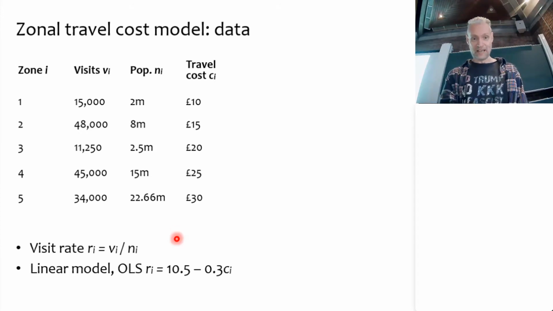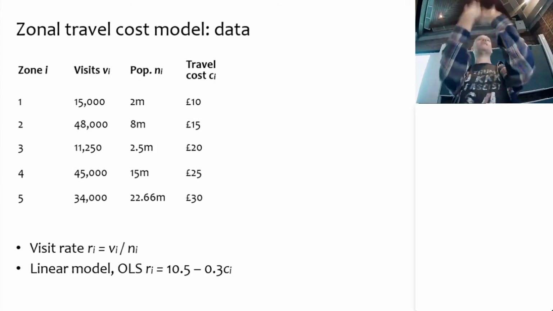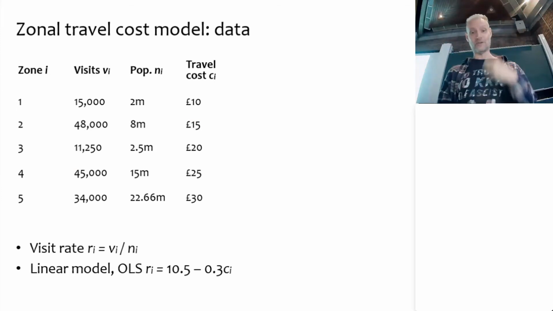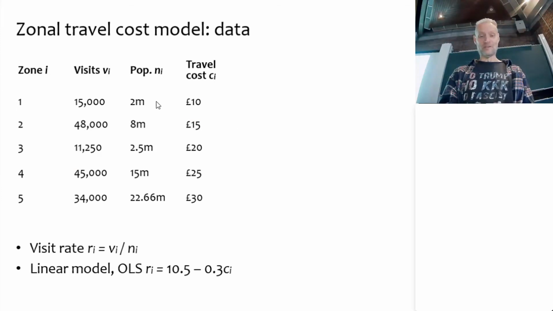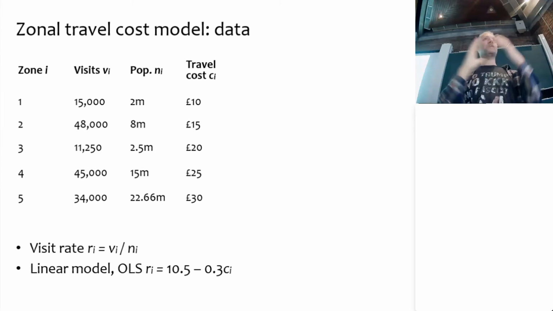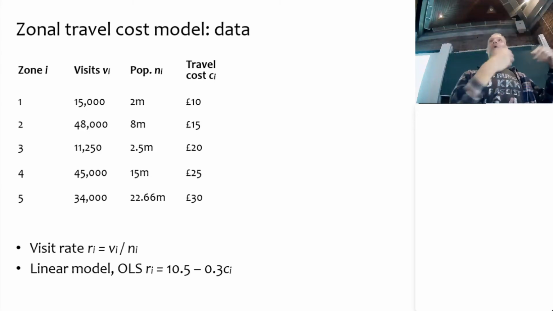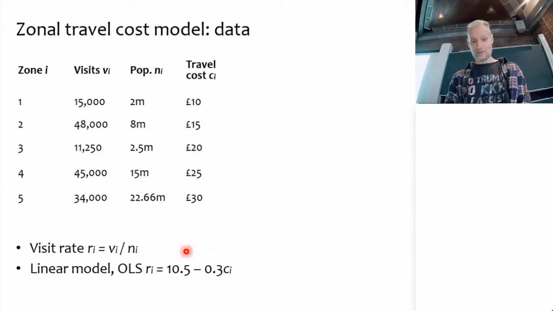So what you would do is divide this number by this number, and then run a regression of the result on this number. That is your explanatory variable. That's your independent variable, and your visit rate is your dependent variable, right? So you explain the visit rate by the travel cost, and in this example, this is what you would find.